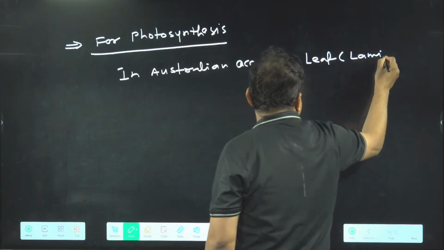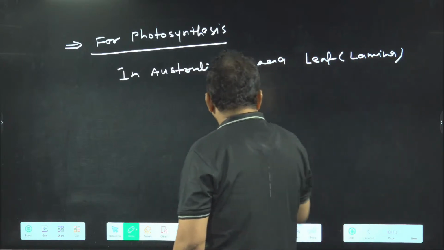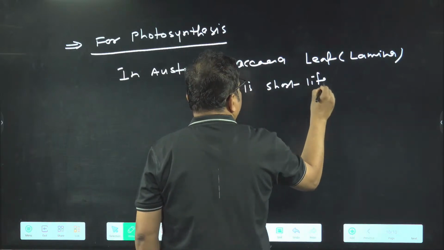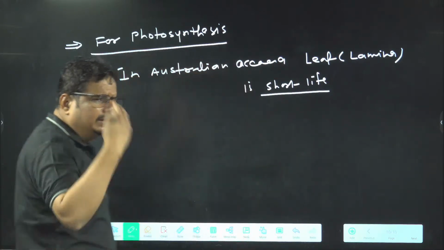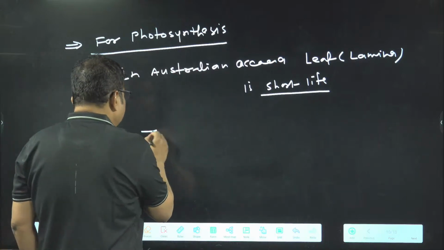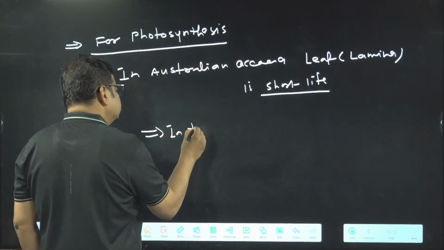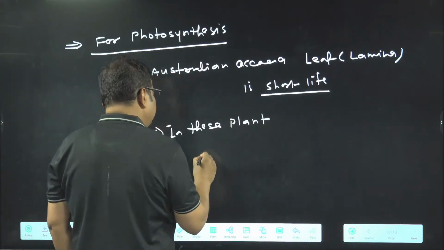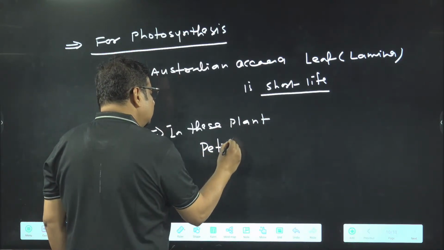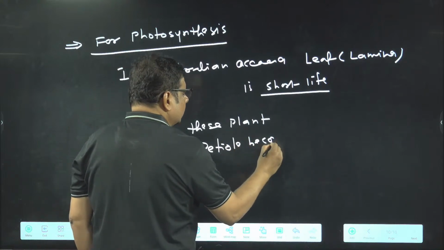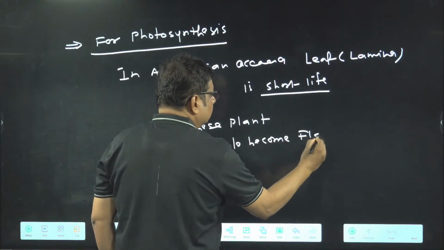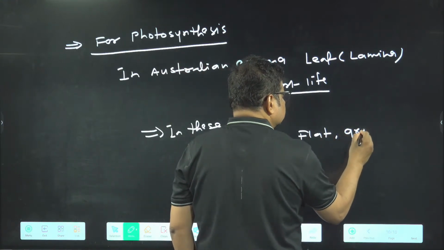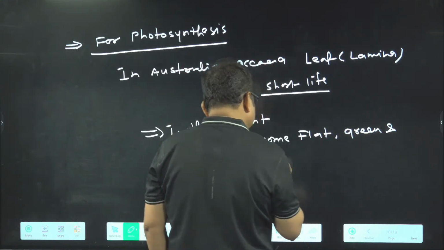Lamina is short-lived, and they wither. So what happens in these plants? In these plants, the petiole becomes flat, green, and photosynthetic.